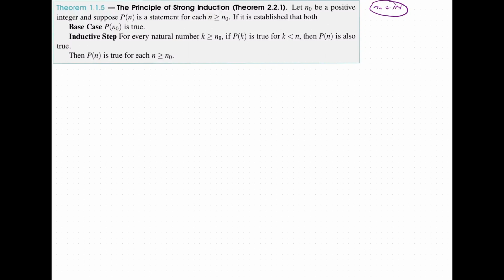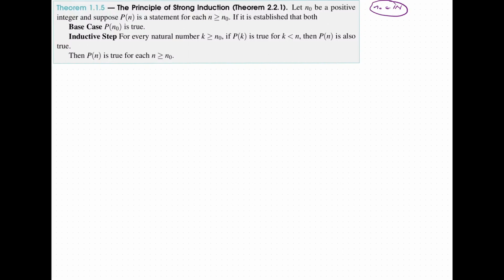So we have some n naught, and suppose that we have statements P of n, where that is a statement for each number n that is greater than or equal to n naught.